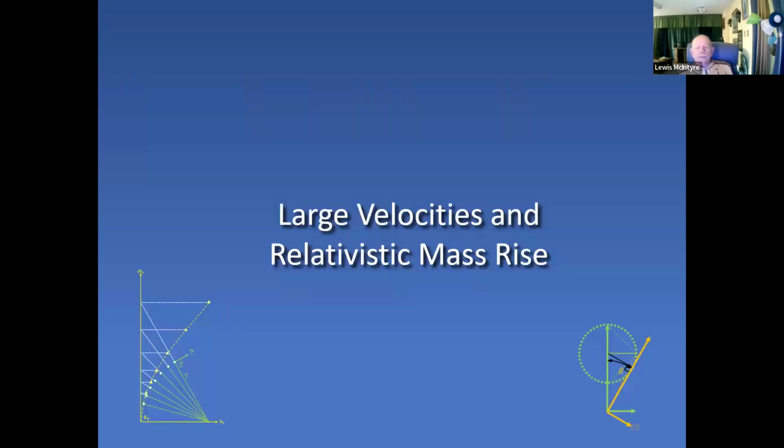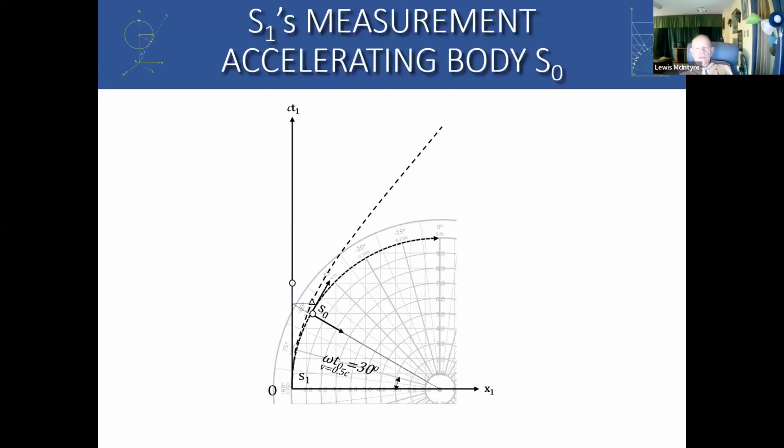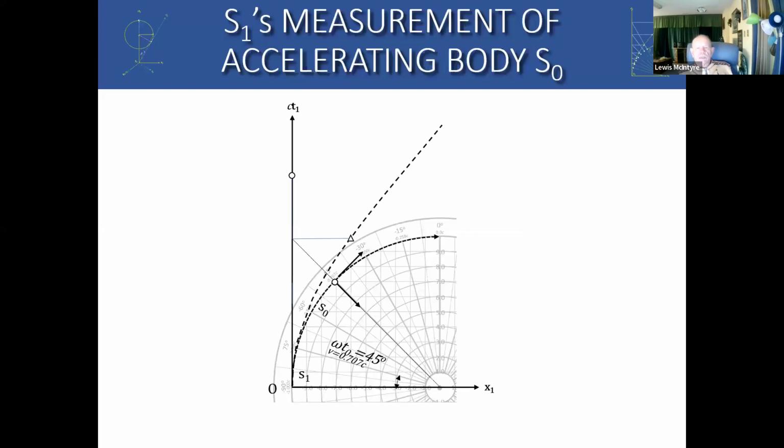What happens as the velocity becomes greater? As acceleration continues, the velocities become significant with respect to that of light, and the measurement and the event become increasingly separated.